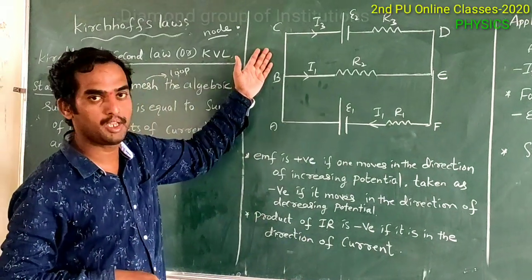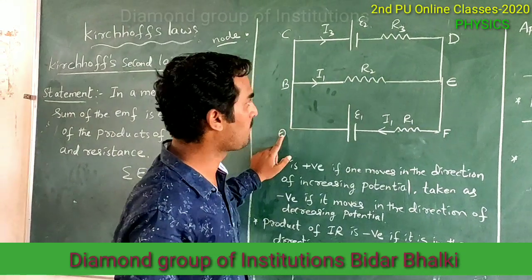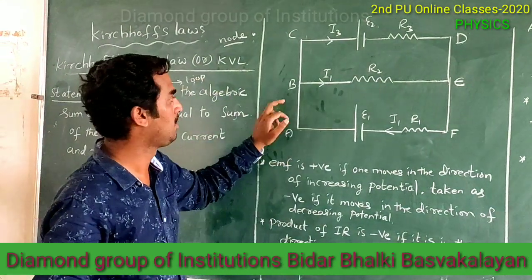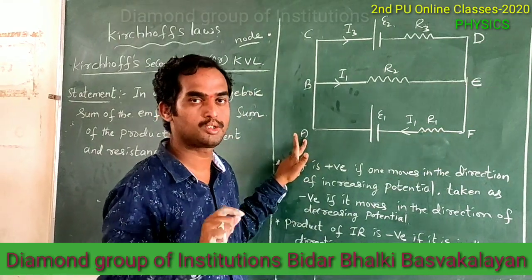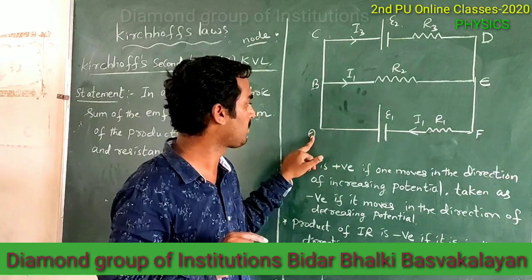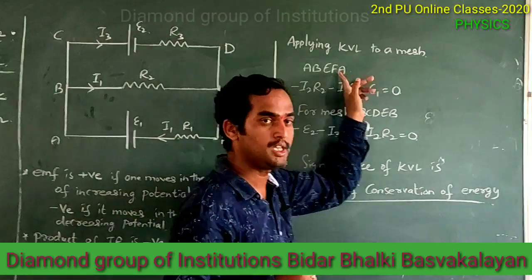And see the diagram here. There is a closed path called a mesh. See the first mesh A, B, E, F, A. It is called a closed path, meaning whatever point we take as the starting point, the closing point will be the same.